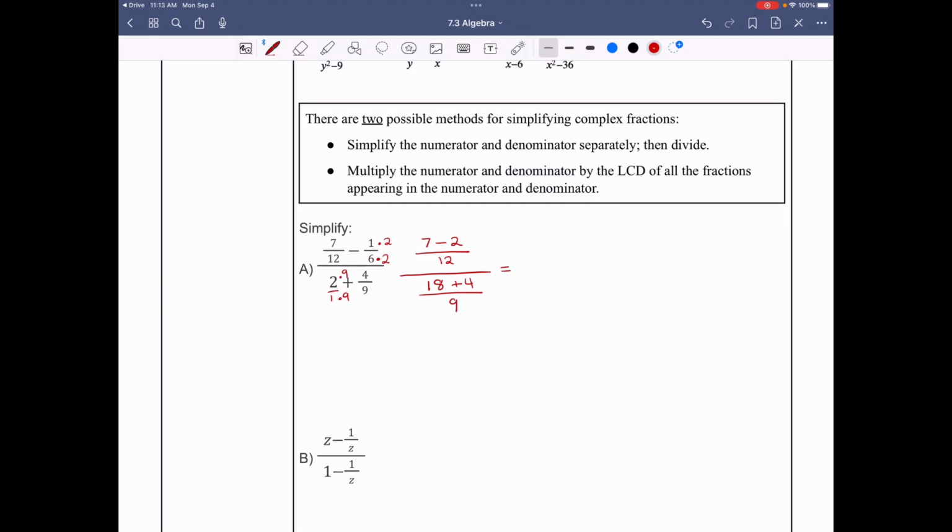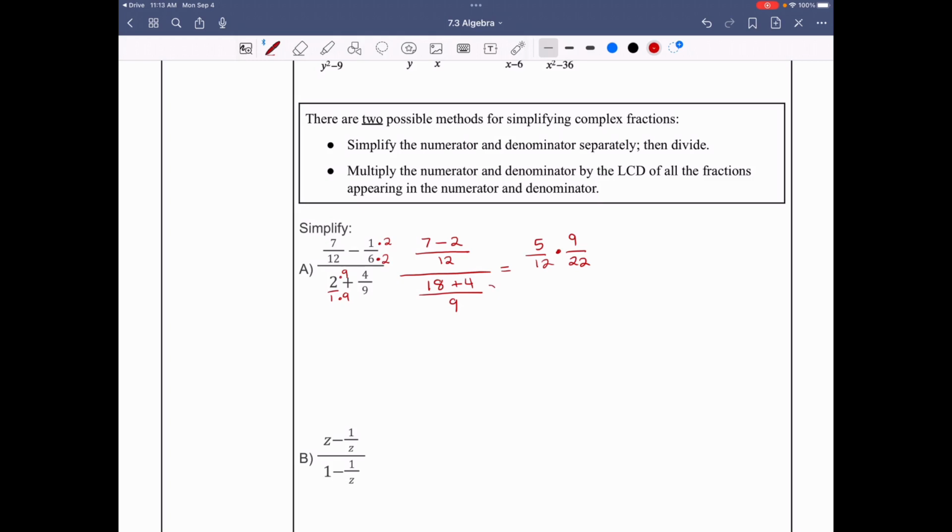So when we divide fractions, we keep, change, flip. Actually, I'm going to go ahead and do that subtraction first. 7 minus 2 is 5, so we have 5/12 times 18 plus 4 is 22. 22 over 9, so I'm going to flip it to 9 over 22.